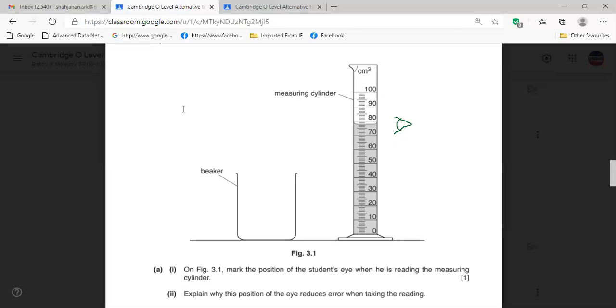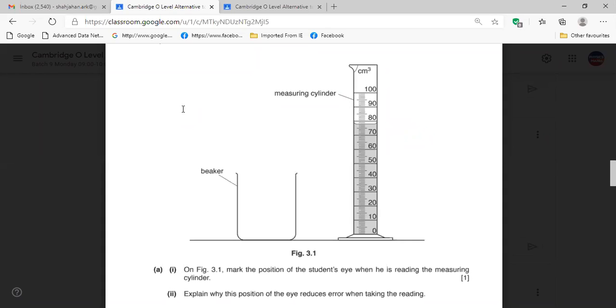Just wait, see what he's doing, and then you can try it. This is correct, right? Yes, sir. Abir, is it correct? Yes, sir. So you also wanted to say the same thing, right? Yes, sir.